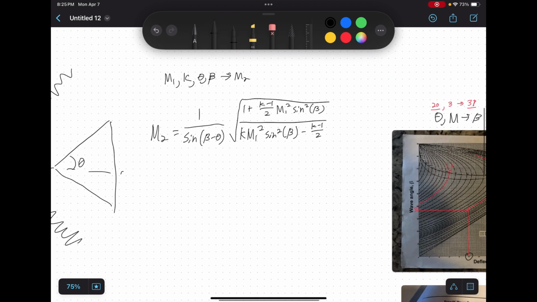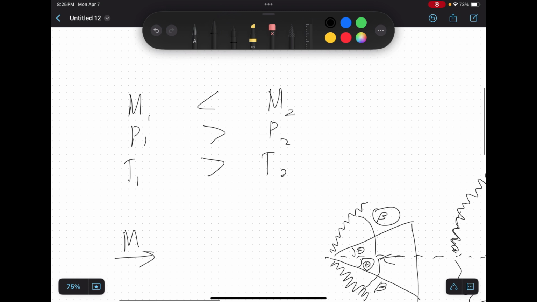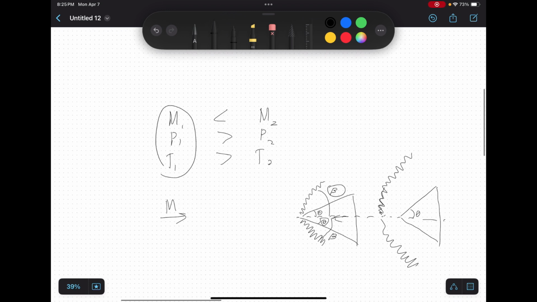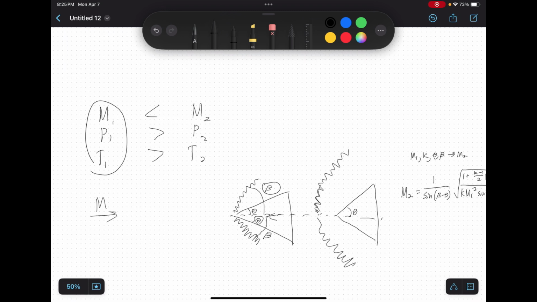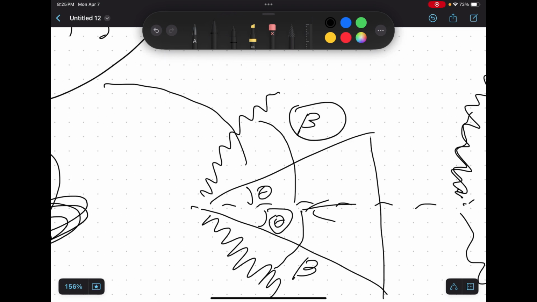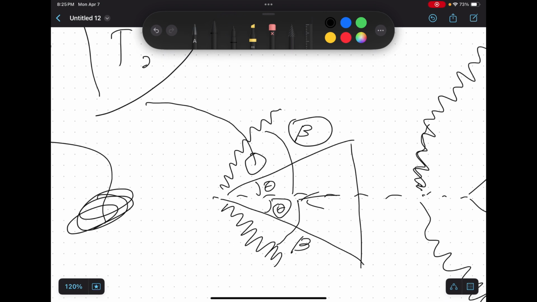So pressure. And again, M1 and M2. So 1 is before the oblique shock, and 2 is afterwards. So 1 is out here, and 2 is inside of here, between the oblique shock and the surface.